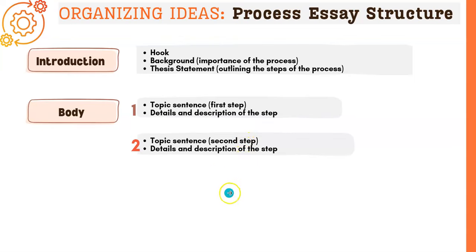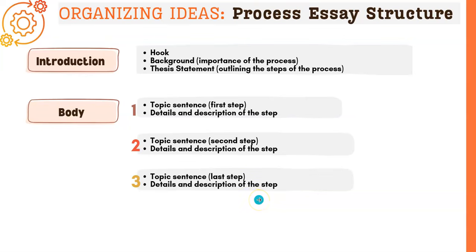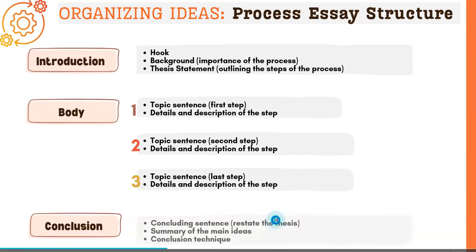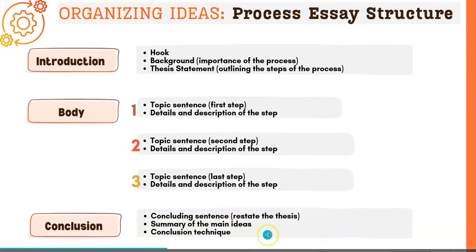Similarly, we do in body paragraph 2 and body paragraph 3. Finally, we come to the conclusion. Just like the conclusions we've learned before, a conclusion should start with a restatement of the thesis, followed by a summary of the main ideas, and finally, a conclusion technique. We learned about 5 different techniques of conclusions.